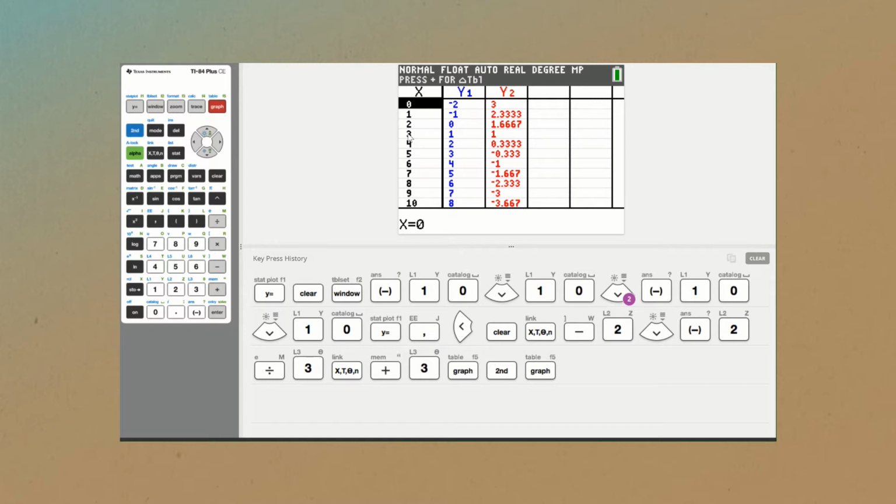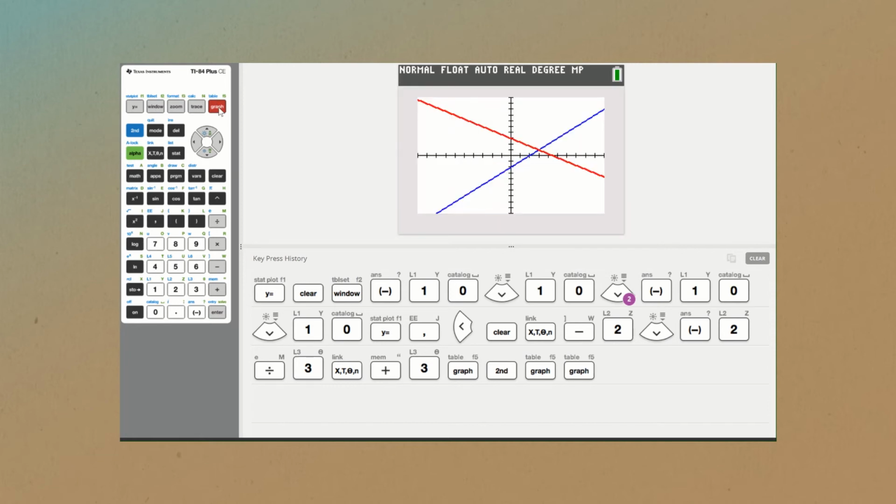So when x is 3, y1, the first equation, is 1, and y2 is also 1, and we can tell from the table that this is our solution, our point of intersection. The dependent variable y in both equations is the same for the same value of x. This is another way of being able to tell exactly what my solution is, apart from looking at the graph where I'm looking for that point of intersection.